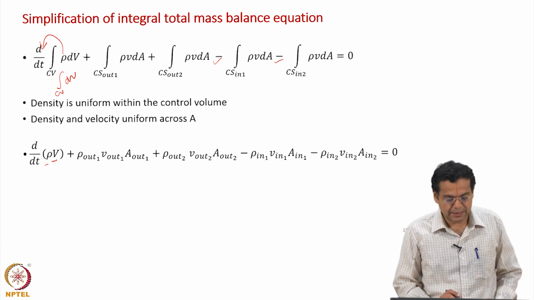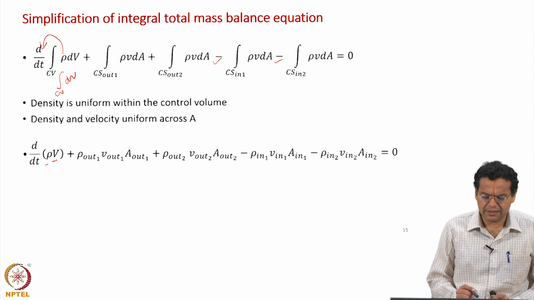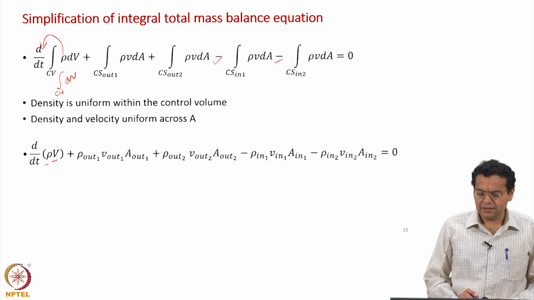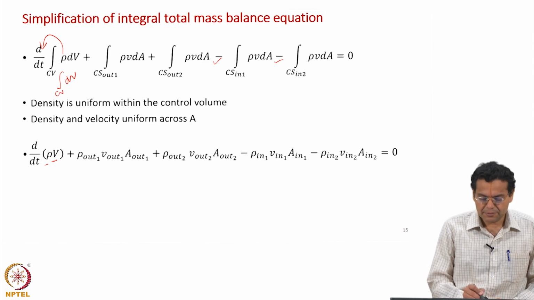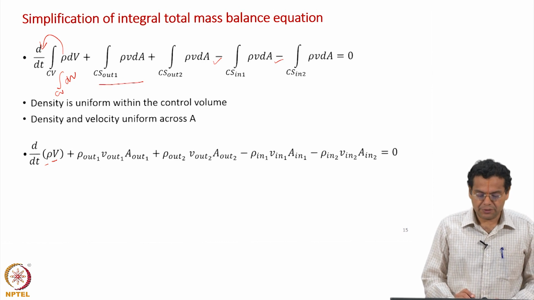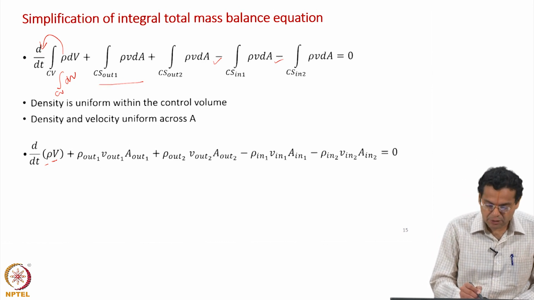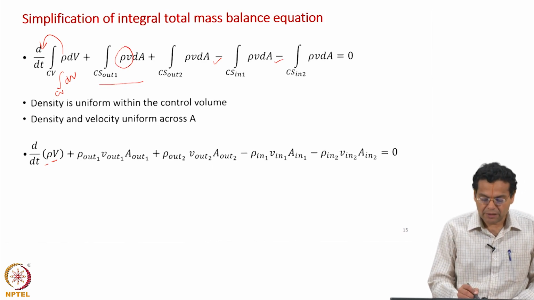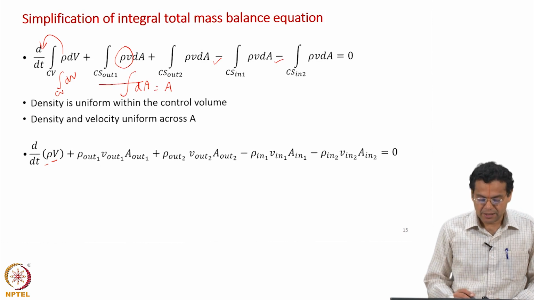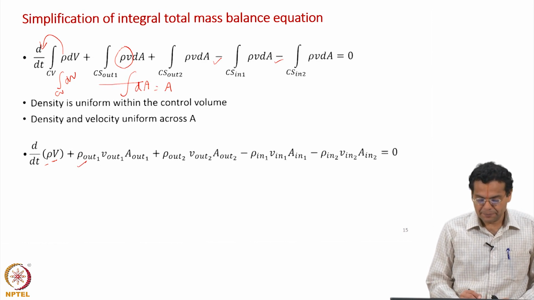Now, let us take the first surface integral, for the first outlet. We assumed density and velocity to be uniform across the area. So, I can take both density and velocity outside the integral sign, and what I have is the integral of dA, which is nothing but A. So, rho out 1, V out 1 and the integral of dA became A; the subscript represents the first outlet.